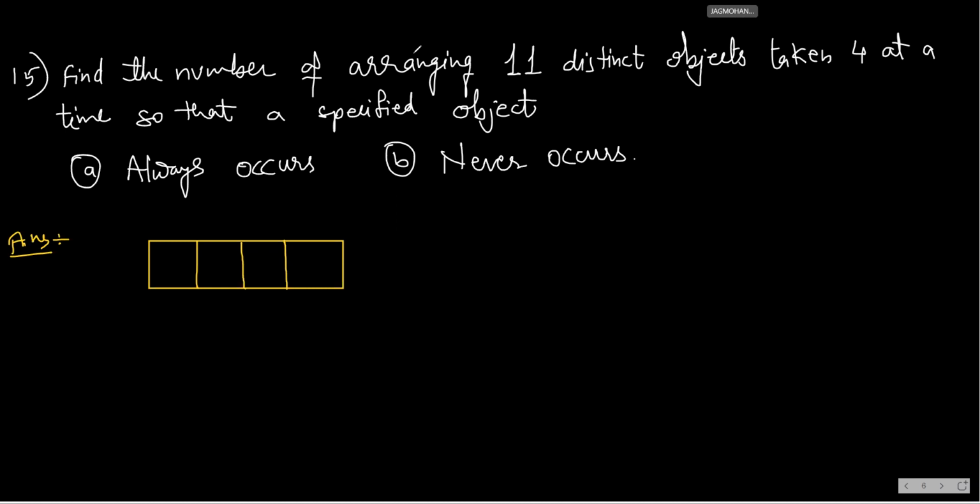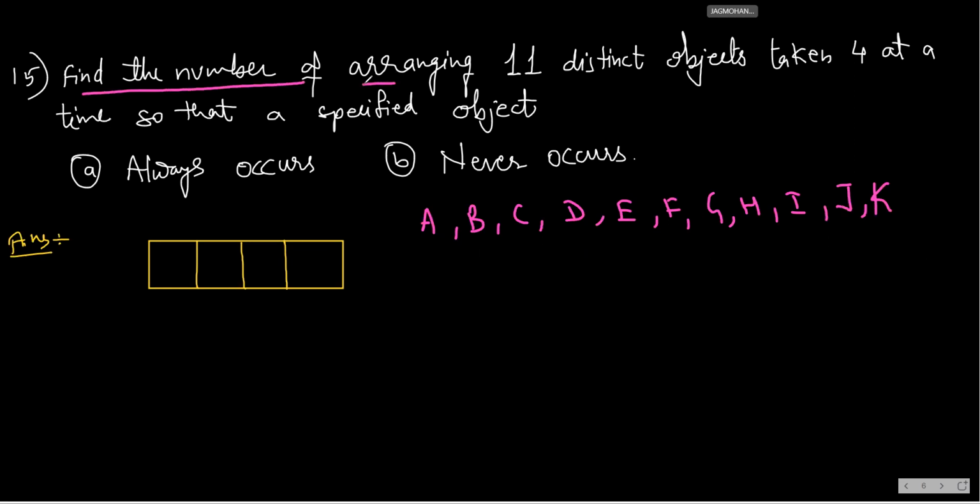Let me write them as A, B, C, D, E, F, G, H, I, J, and K. These are 11 objects. Now what are they saying? Find the number of arrangements of 11 distinct objects taken 4 at a time.